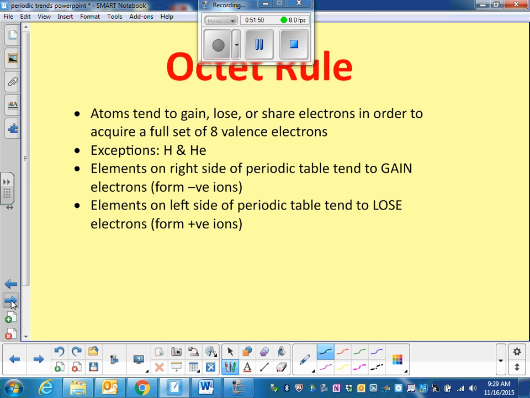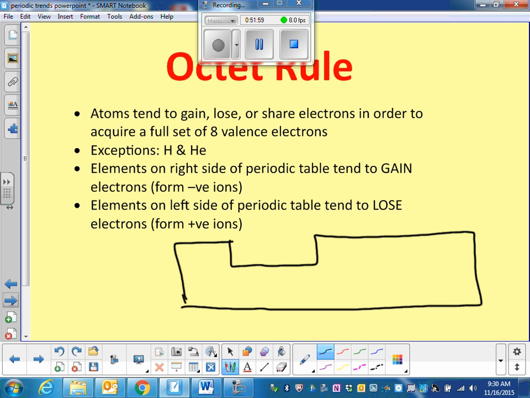What is the octet rule? Underneath octet rule, I need you to draw a periodic table. What are these? Metals. What are these? Non-metals.